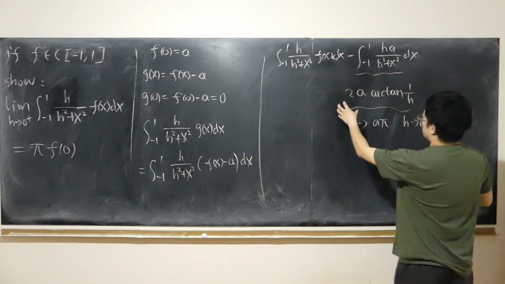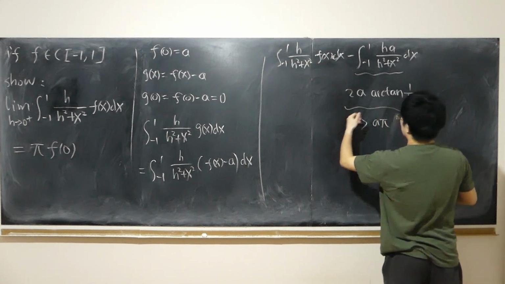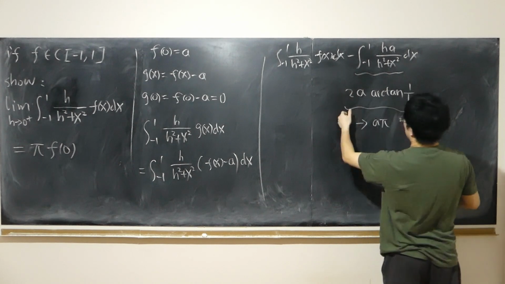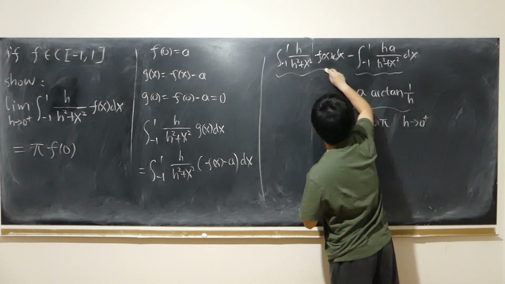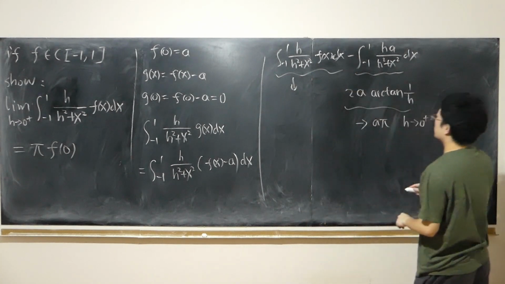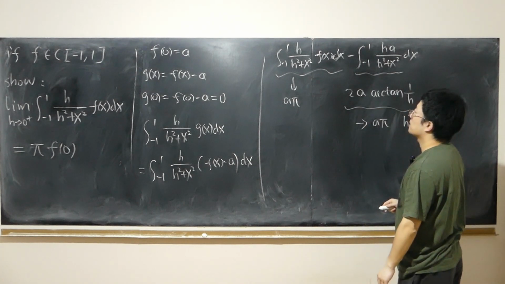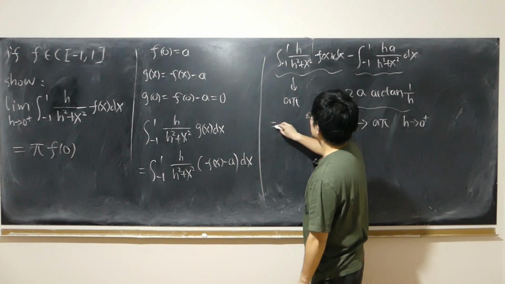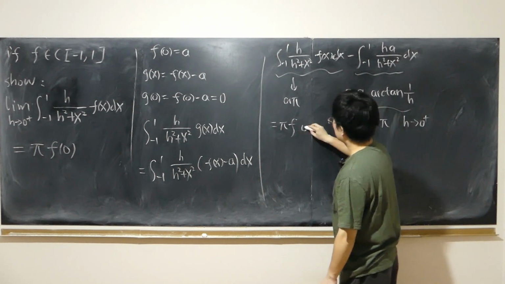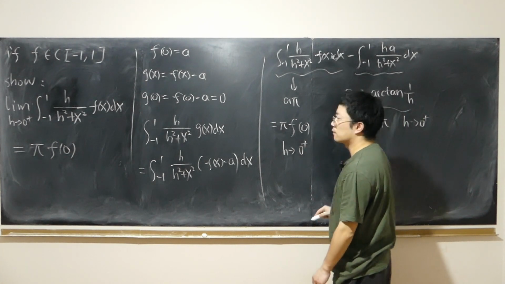So this can only approach something minus a pi approaching 0. This has no choice but to approach a times pi. Right? But what's a? A is f of 0. Really, it's really true.